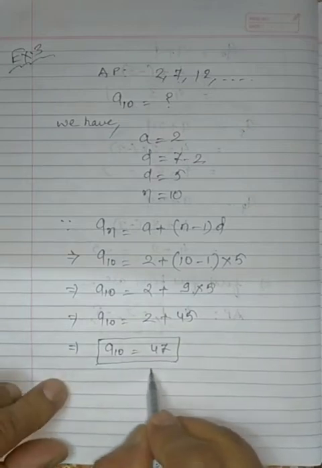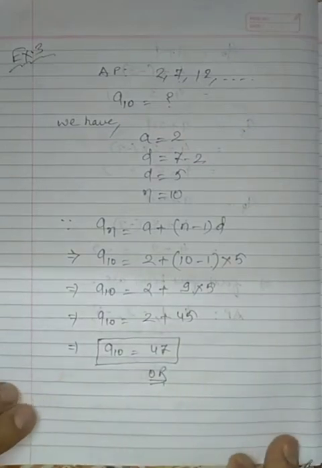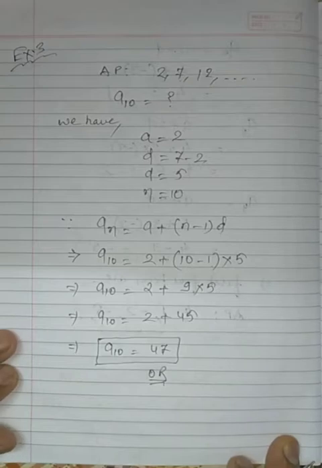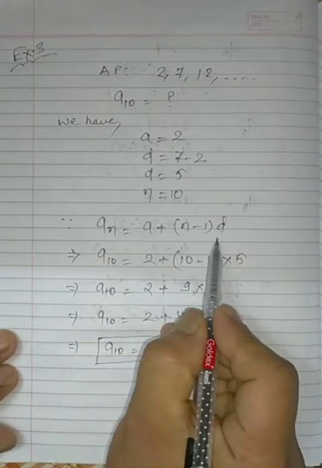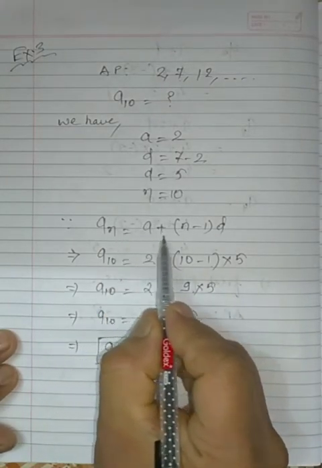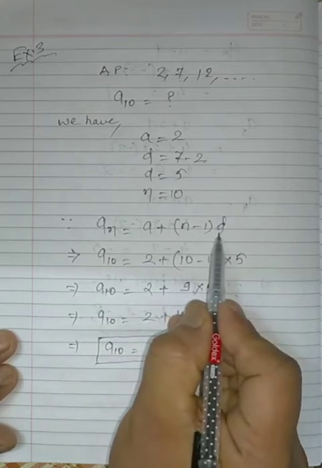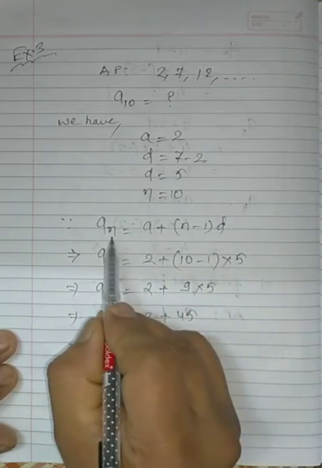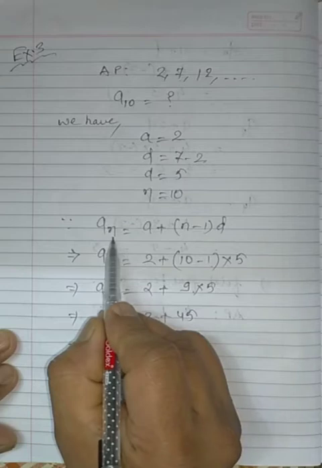Now children, the same question can be solved directly also. As you know, in this general form An equals A plus n minus 1 into D, whatever the value of n you take, one value less comes here.